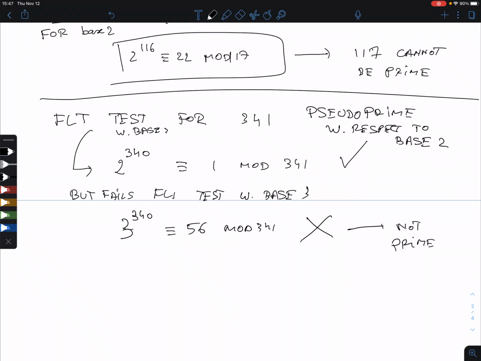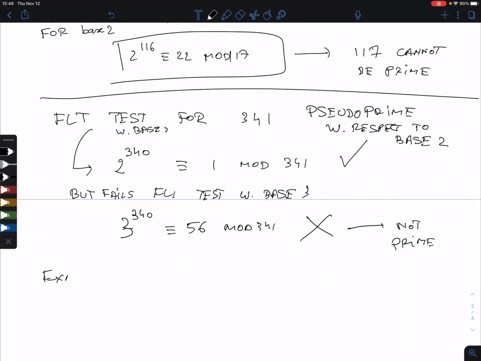One was hoping that such a number doesn't exist, but an example of a Carmichael number is the number 561. So this means it's a pseudo-prime. It is not a prime, but it is a pseudo-prime for any base. So what does it mean?